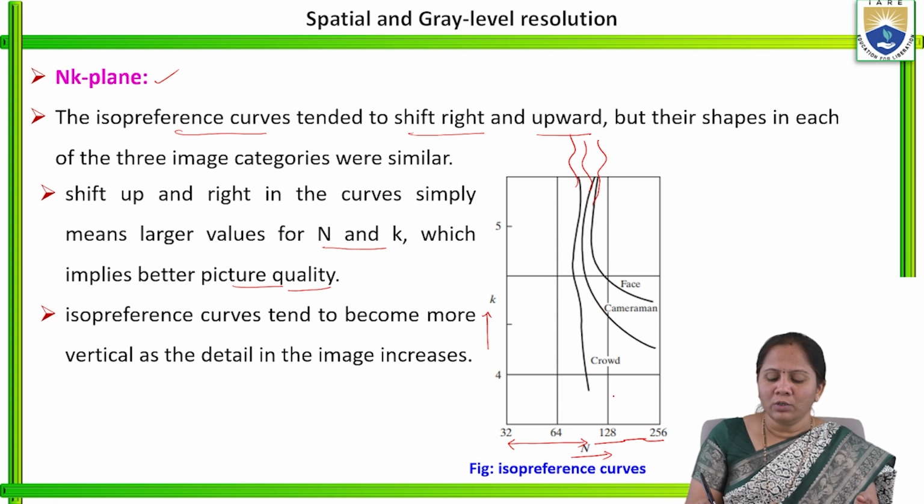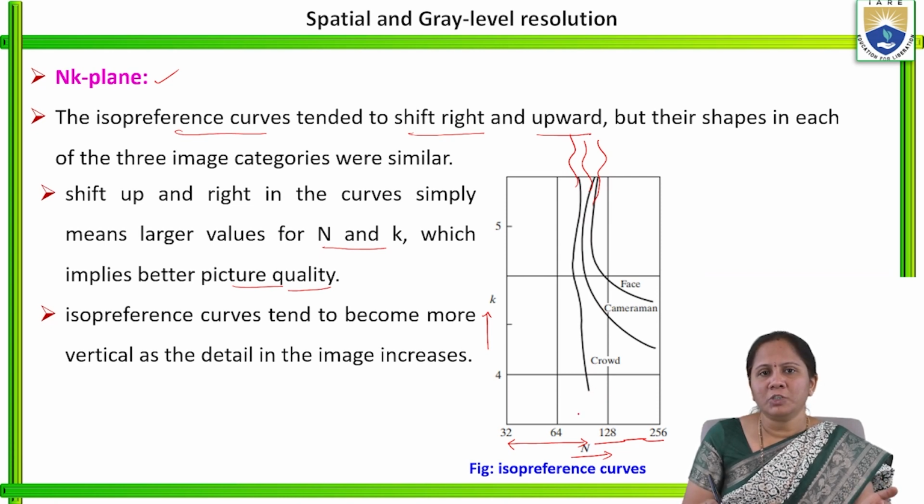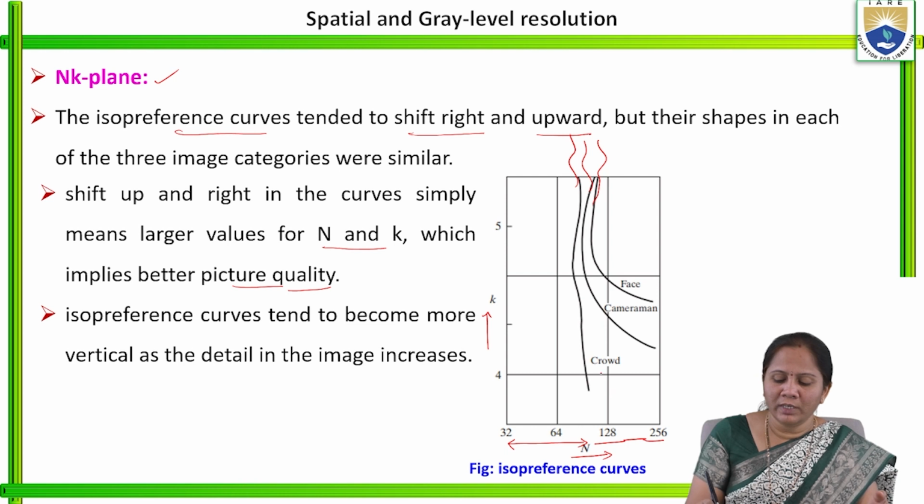Now, as the details in the image increase, the curve becomes more vertical. For example, we have previously seen three images. In those, the crowd image consists of more detail. So here we can observe this is the crowd curve.